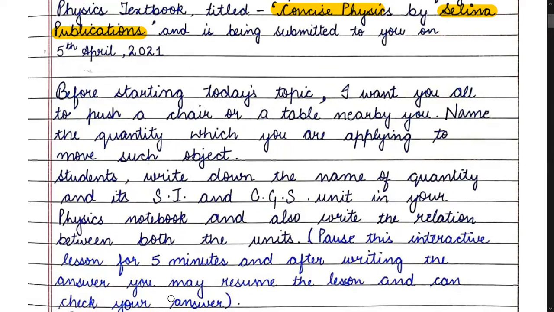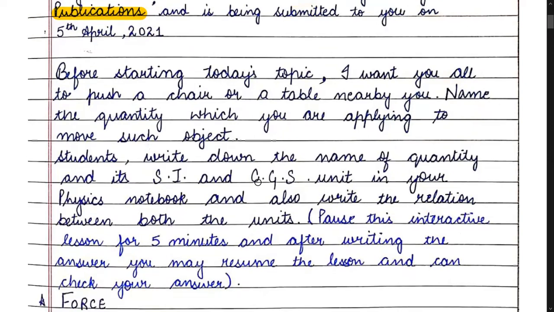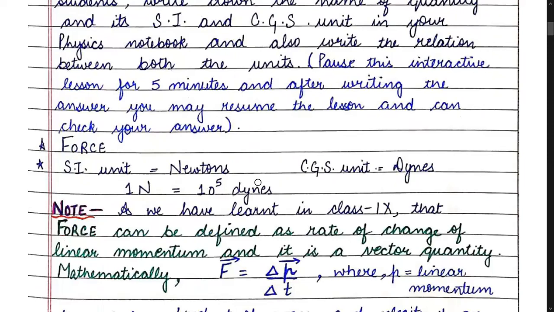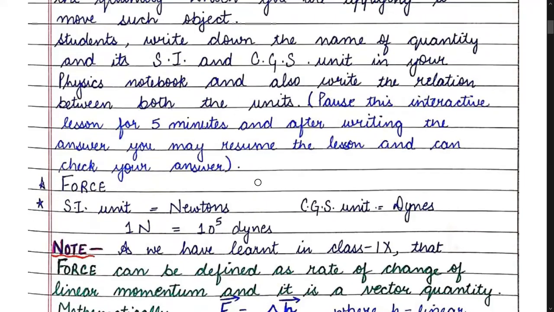Now, I hope you all must have written the answer, and now you cross check your answers. The quantity here used is force. For pushing an object, you are applying force.